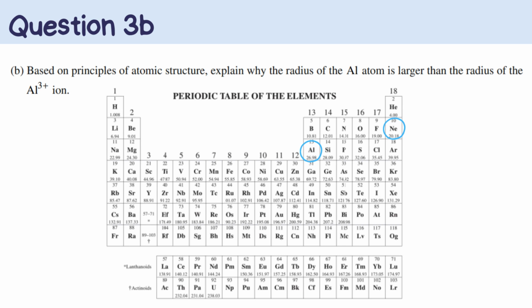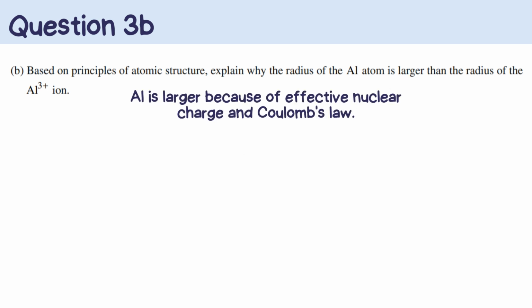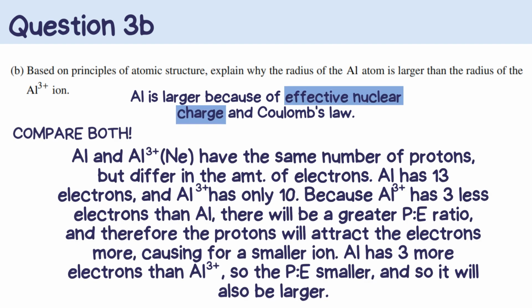So now let's put down our claim, which is that aluminum is larger because of effective nuclear charge and Coulomb's law. How do we know all that? Well, for the effective nuclear charge part, my teacher always says that this is the power of the proton. And here's why. We know that aluminum has 13 electrons, but the aluminum 3 plus has only 10 because it lost 3 electrons.